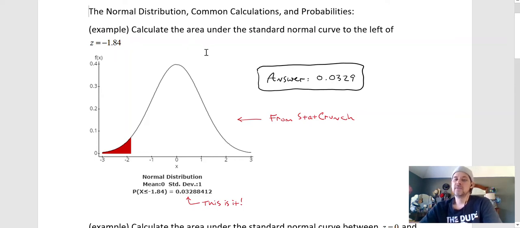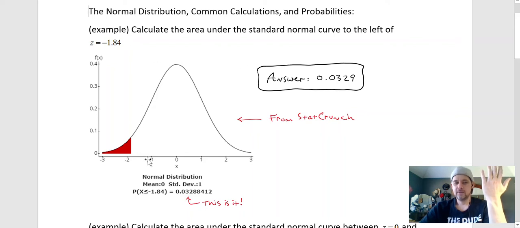First of all, every normal distribution has a mean and a standard deviation. The standard normal has a mean of 0 and a standard deviation of 1. So here I have this graph for you and I have my answer.